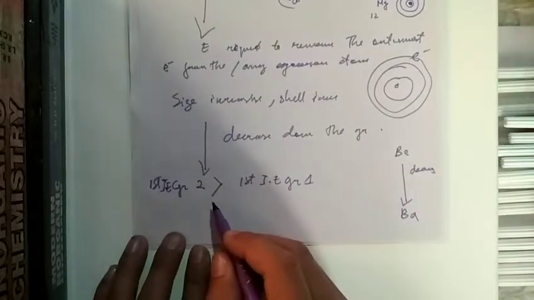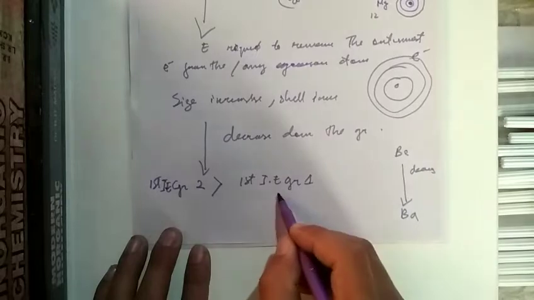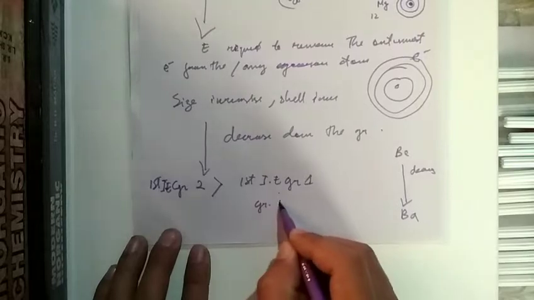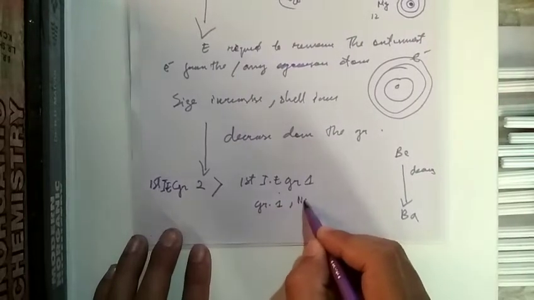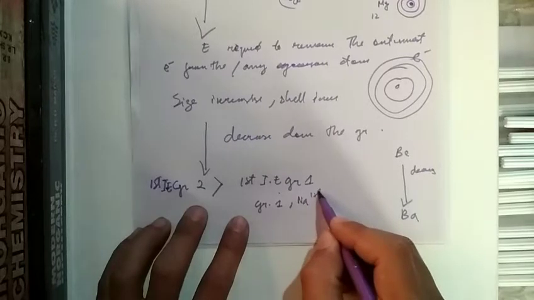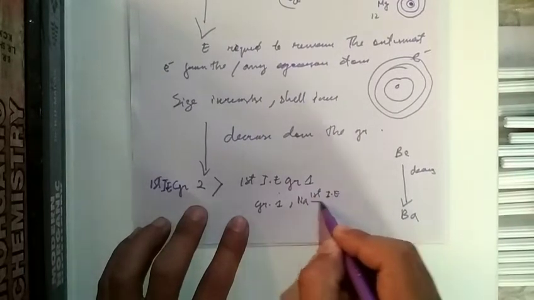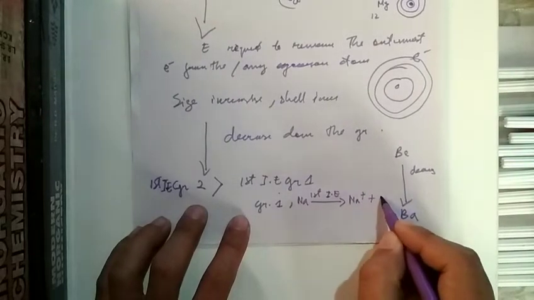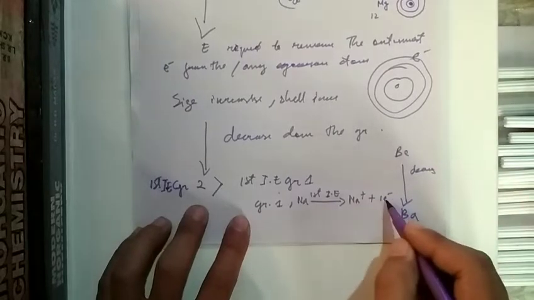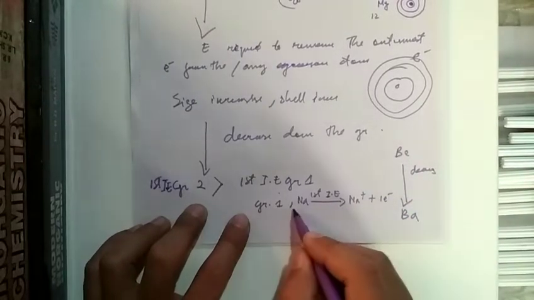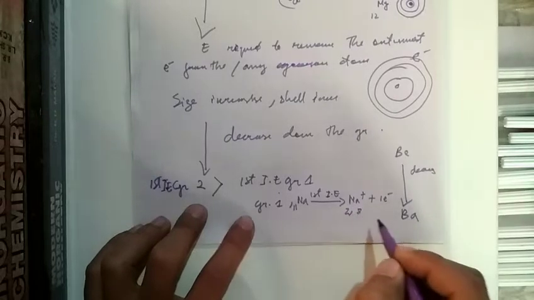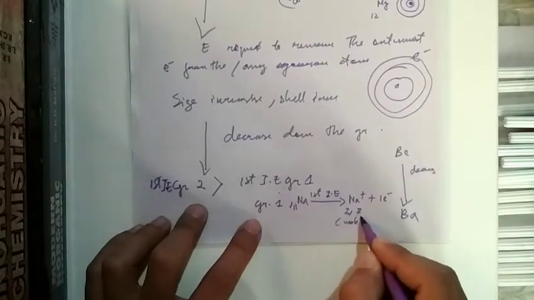Let's see the example here for group 1, sodium. For the first ionization enthalpy, it can lose one electron to become Na+. Atomic number 11, so with one electron lost, it will have the electronic configuration 2 8, which gives the noble gas configuration.